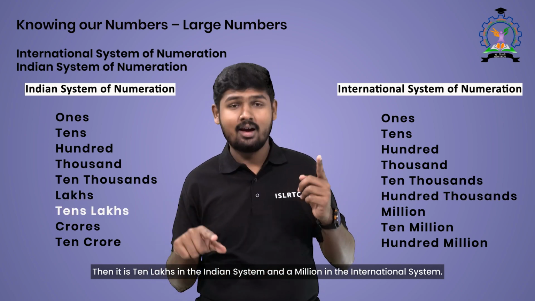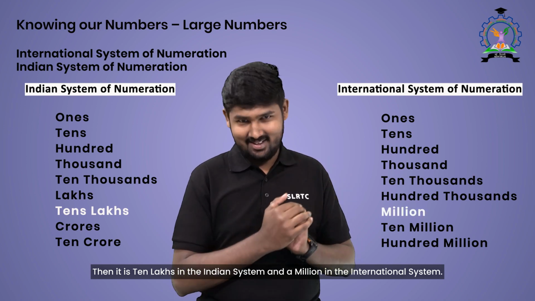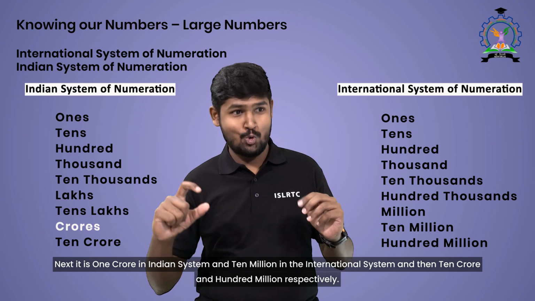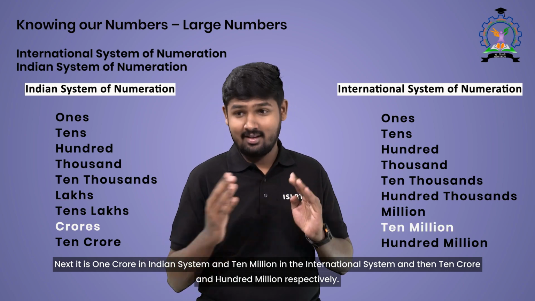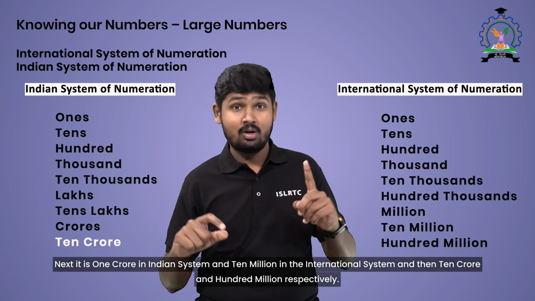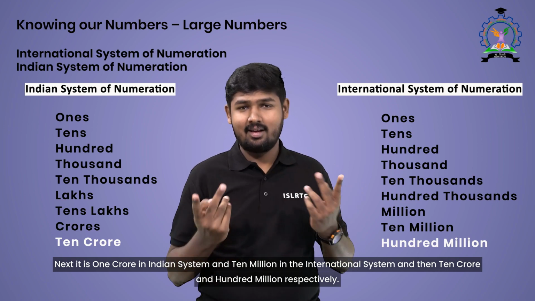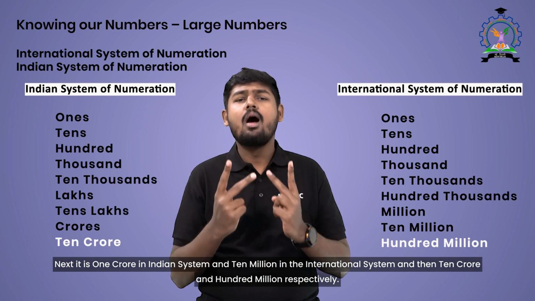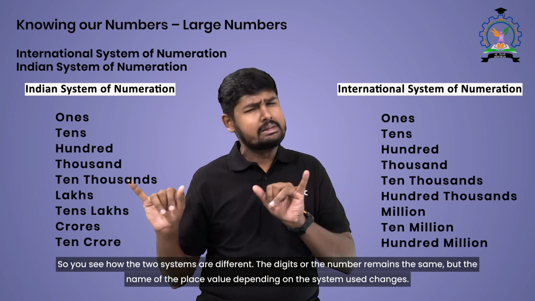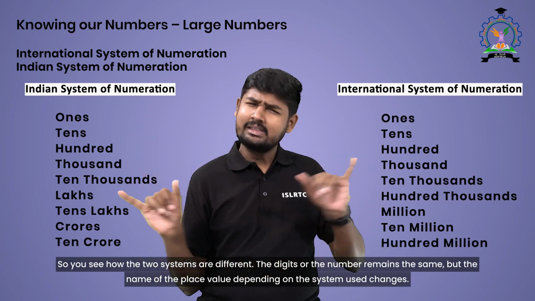Then it is 10 lakhs in the Indian system and a million in the international system. Next it is 1 crore in the Indian system and 10 million in the international system, and then 10 crore and 100 million respectively. So, you see how the two systems are different.